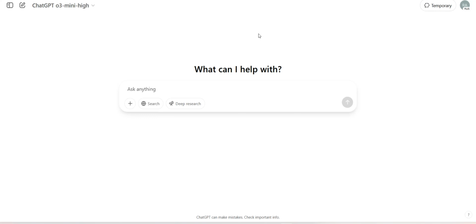And which is important, I am actually using the O3 mini high version of ChatGPT, because for my style, for my thinking, for my logical kind of mindset, it is the best one, but you can use any of the models basically.